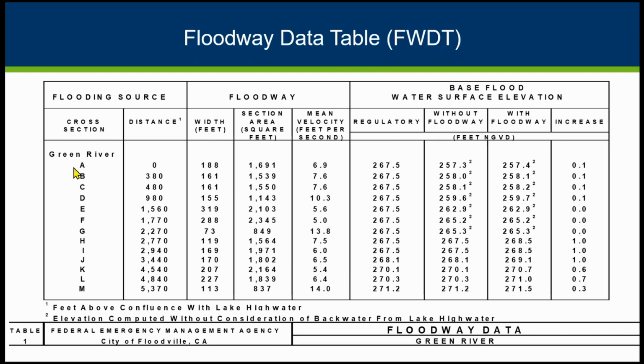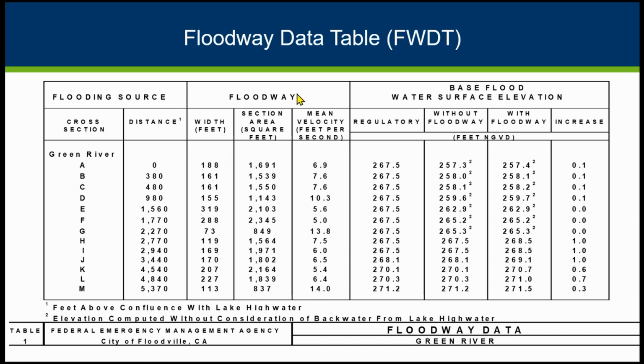The downstream end of the stream will be A, and as you go upstream, it'll go up in the alphabet. And then the distance, it'll say how it's measured. It might be in feet, it might be in miles, and it usually is above the confluence with the downstream resource, or it might be above the county line. But it'll say in the table what it is.